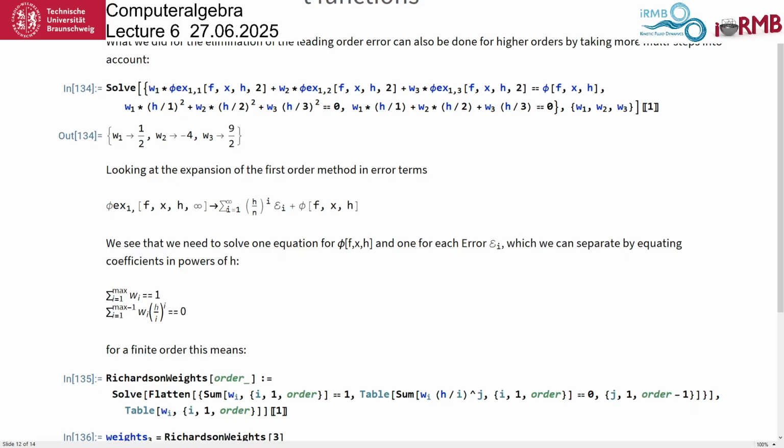So, now what we can do. Richardson extrapolation usually only eliminates the first order term, and now there are different ways you could proceed. You could apply the Richardson extrapolation recursively to get to higher and higher order.